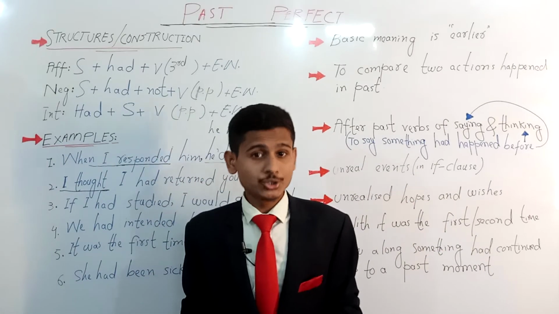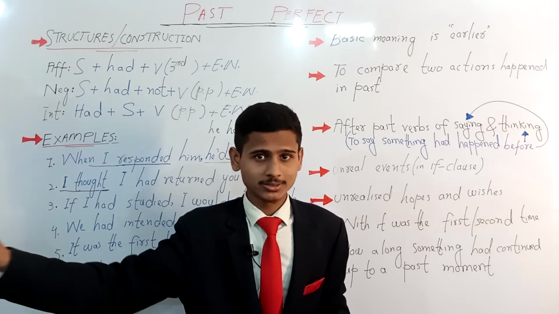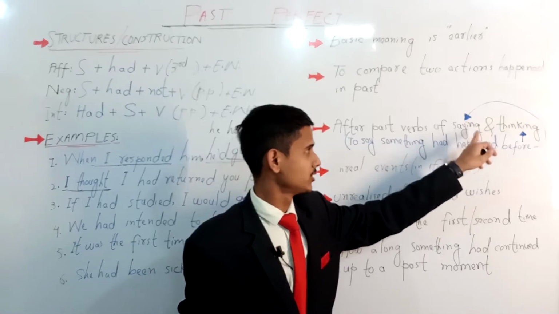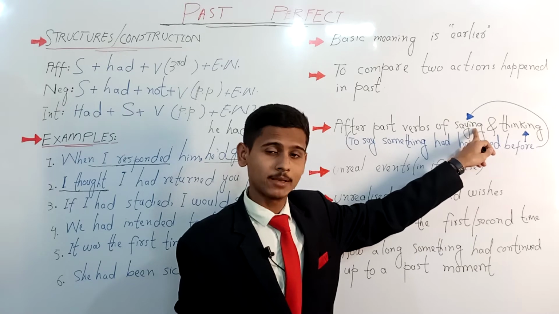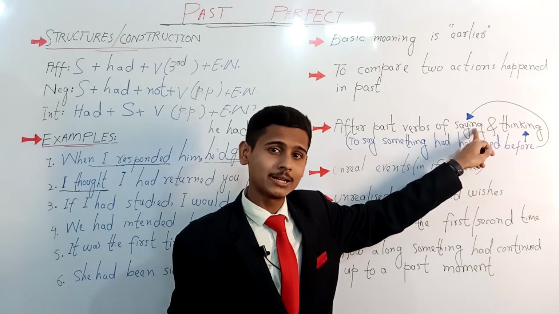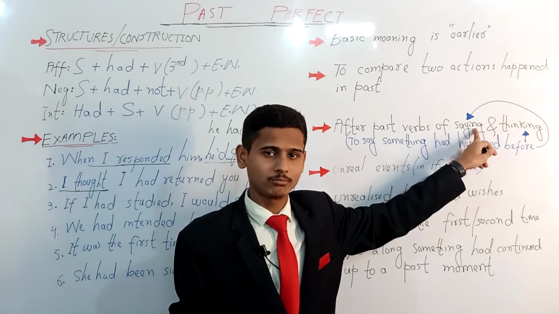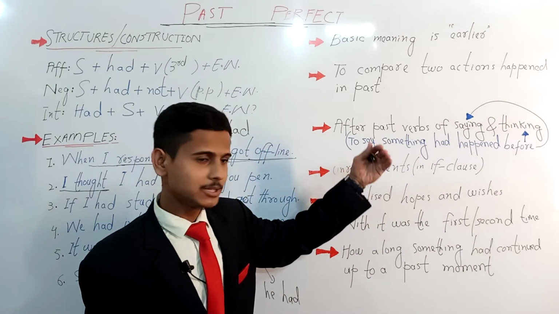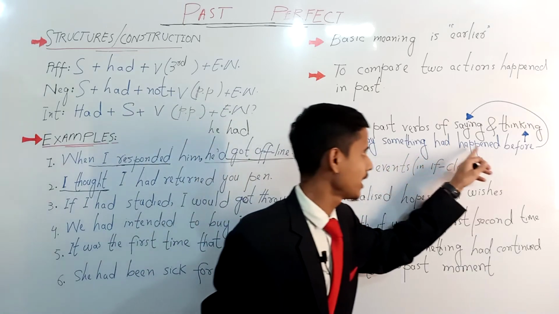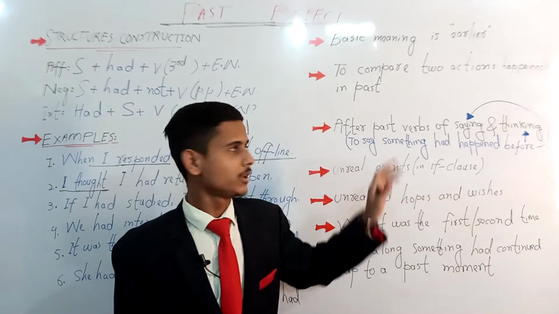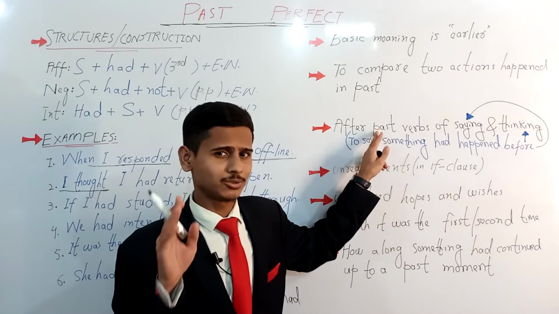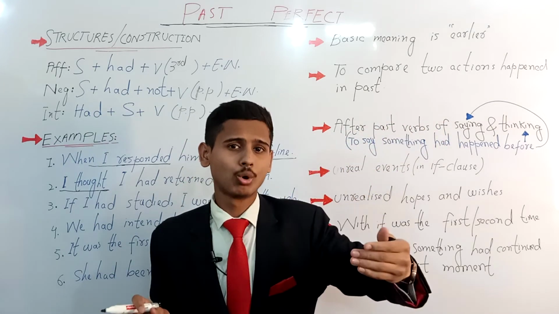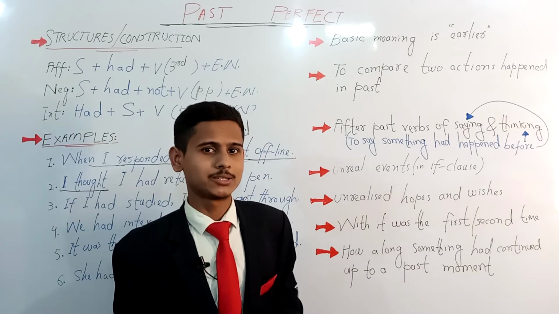Or he told me, he, third person singular pronoun, he told me. I'm giving one more example with the same, just to let you know of the usage of saying. He told me that he had been to America before. Next one, to say something had happened before. So in this one I have given the examples which really suit this usage, but just to explain more, I'm going to give you further clarification.